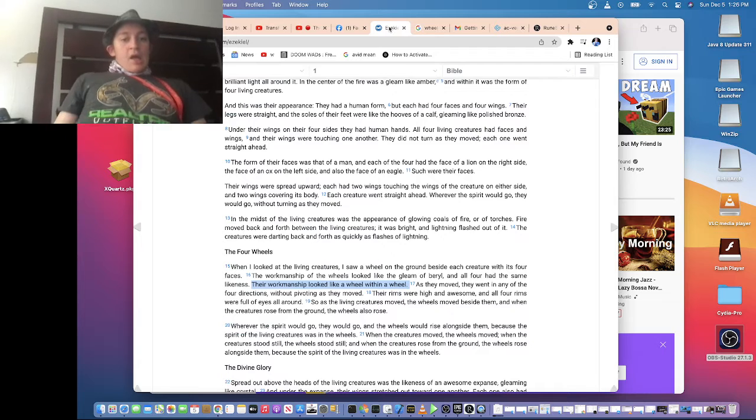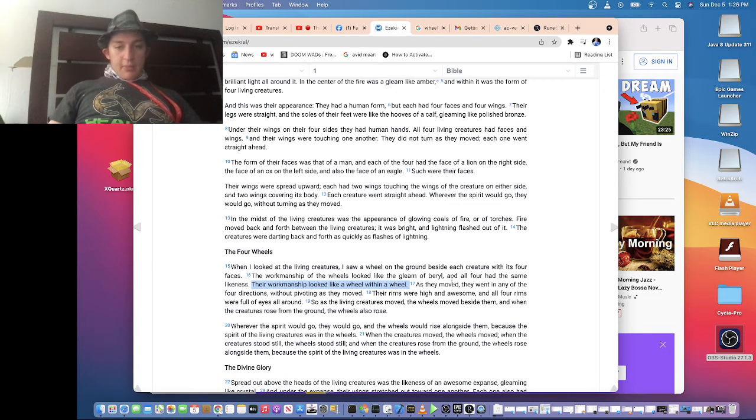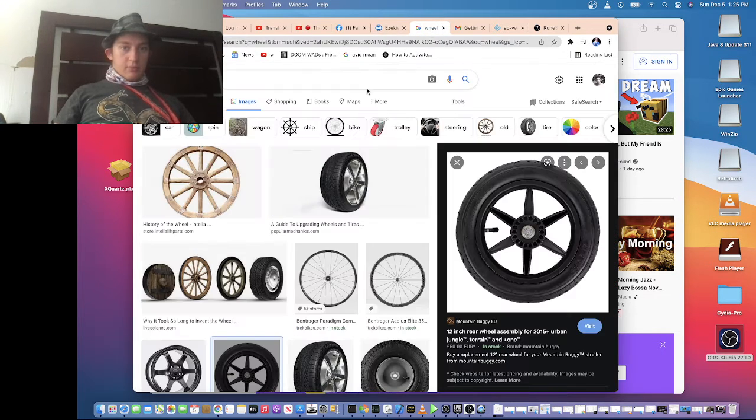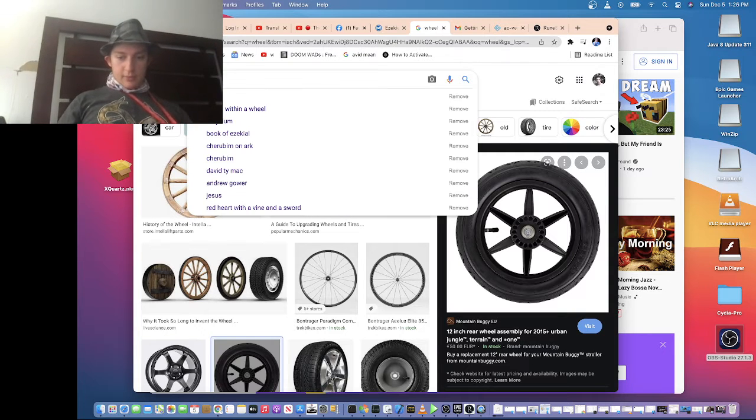So as they moved, they went in any of the four directions without pivoting as they moved. So what this means, without pivoting as they move, what does it mean to pivot? Let's look up pivot, okay?